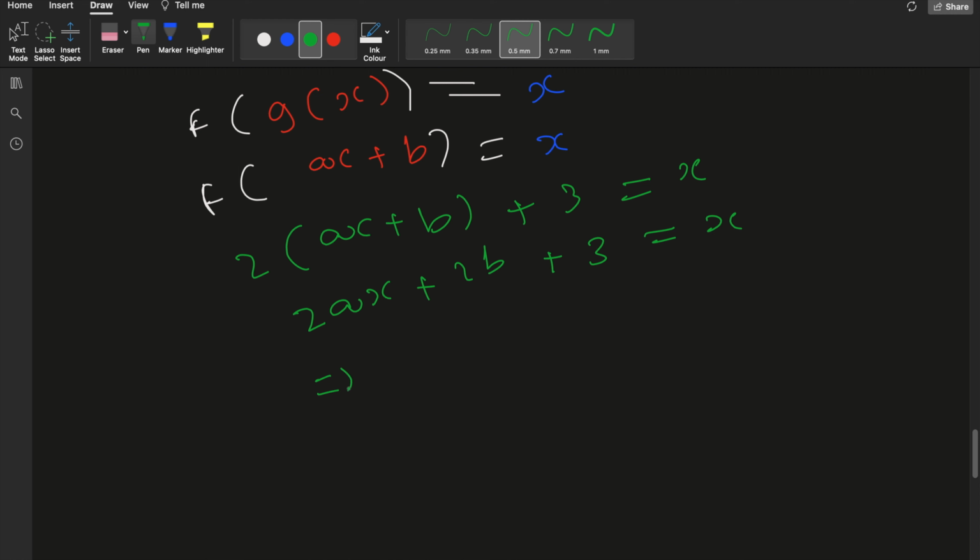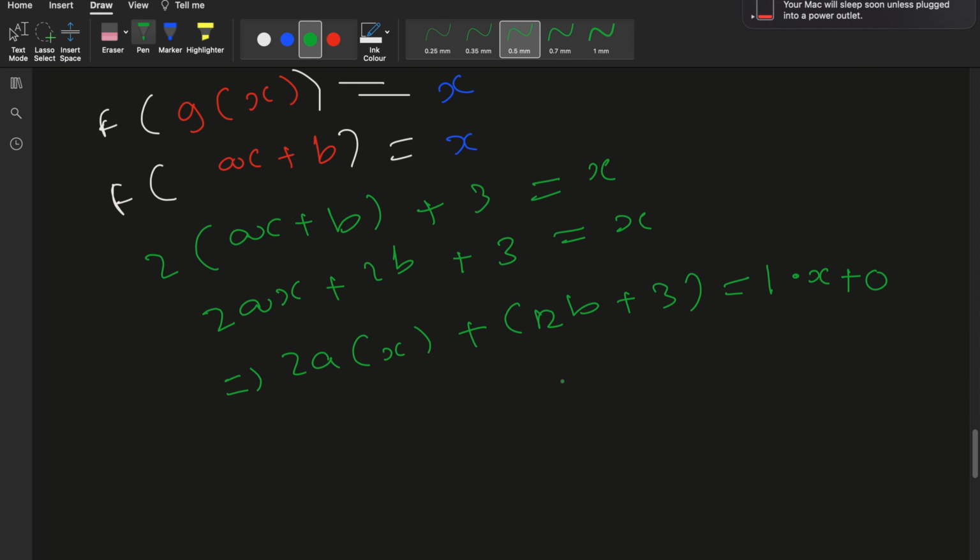And we can group together the like terms. We can write x as 1 into x plus 0. I think it's called the method of comparison or something. So what we'll have to do is equate 2a equals 1, because these two variables are the same.